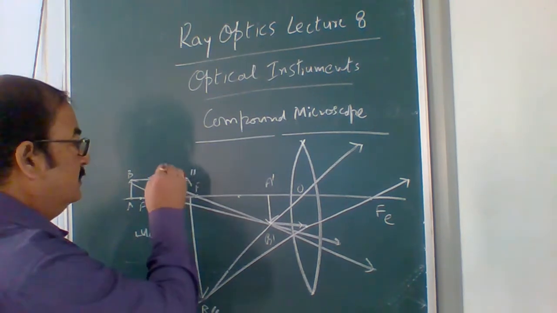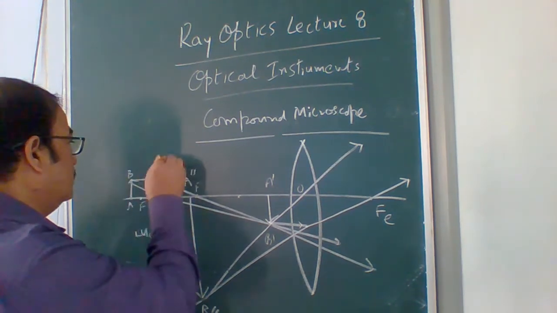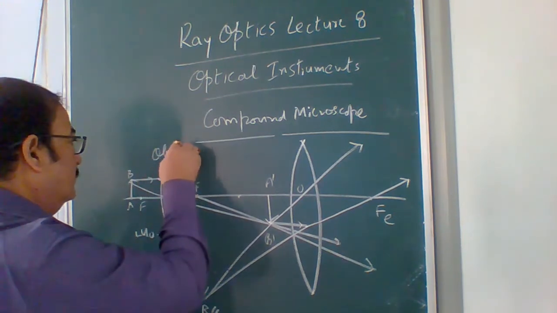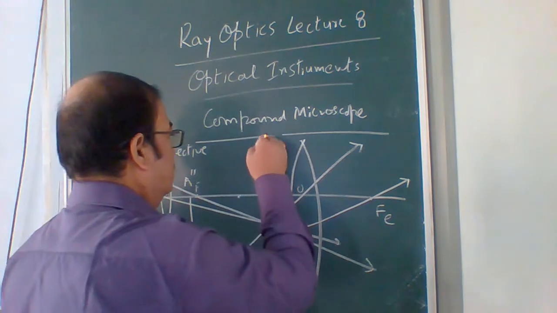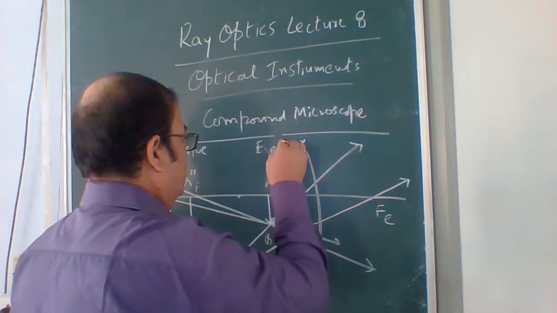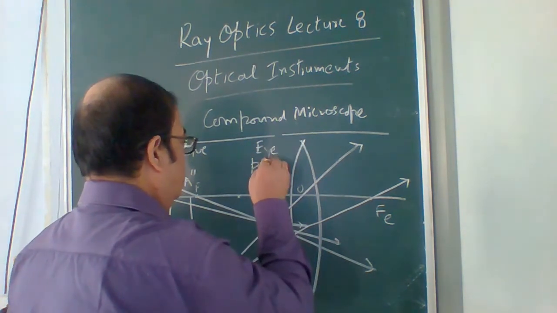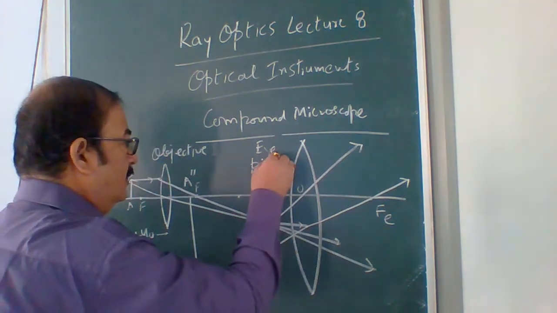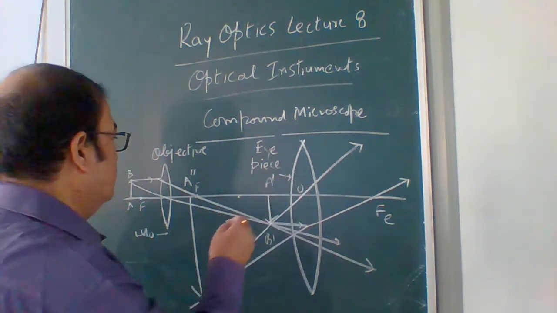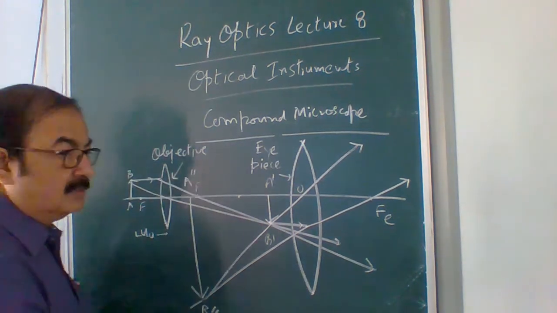And this lens which is closer to the object is called the objective, and this is called your eyepiece.